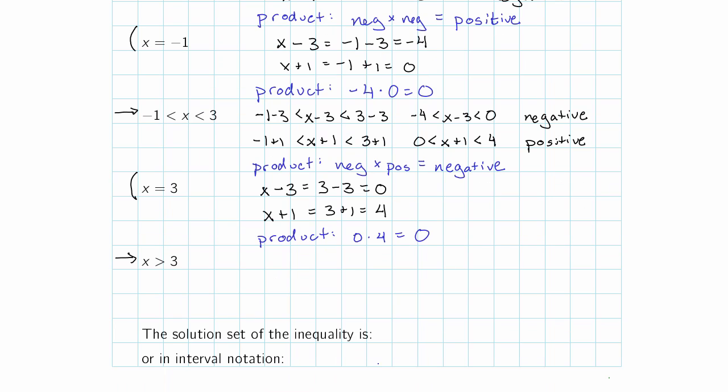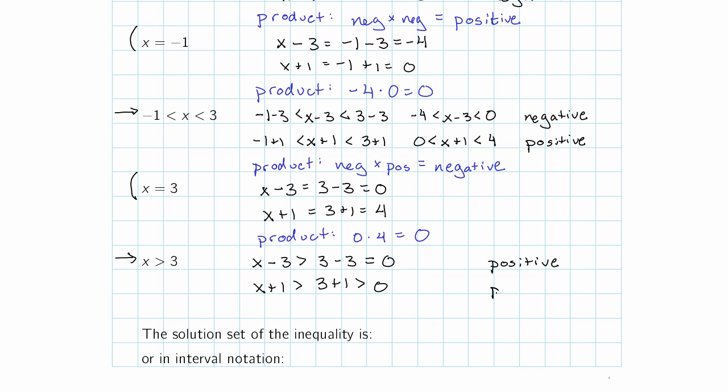And on this last interval then, if x is greater than 3, then x minus 3 is greater than 3 minus 3, which is 0. So x minus 3 is greater than 0. That factor is positive. And x plus 1 is greater than 3 plus 1, which is greater than 0, right? 4 is greater than 0.